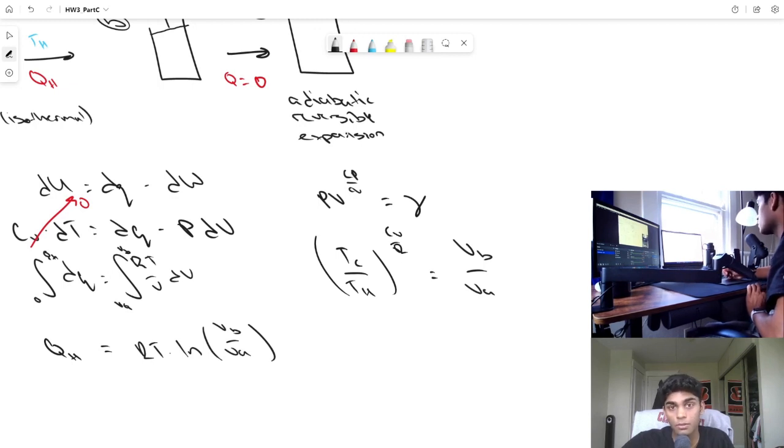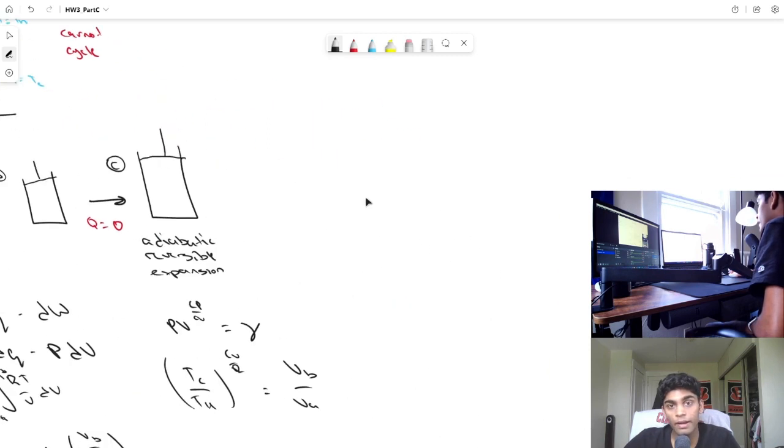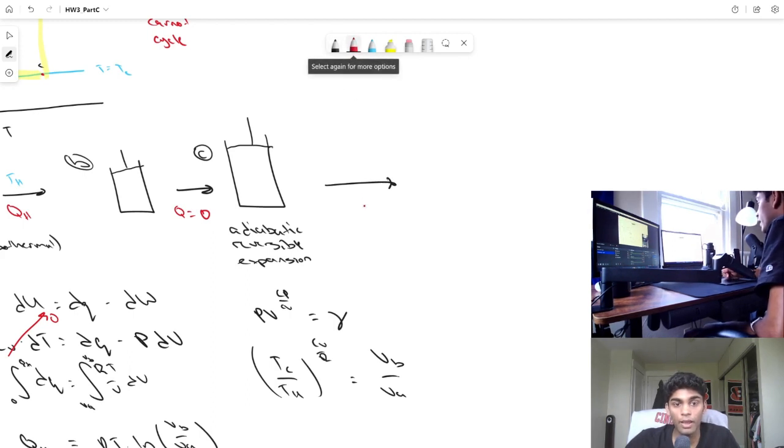Now, to go from point C to point D, we're going to do a very similar thing to point A to point B. It is still that isothermal system. So we are going to end up having some QC. There's going to be some heat removed, and it's going to be that change in temperatures.